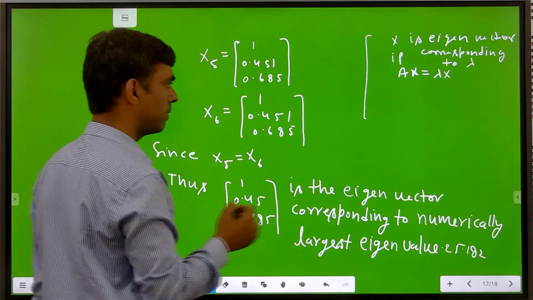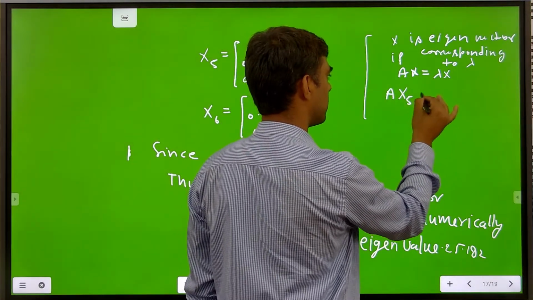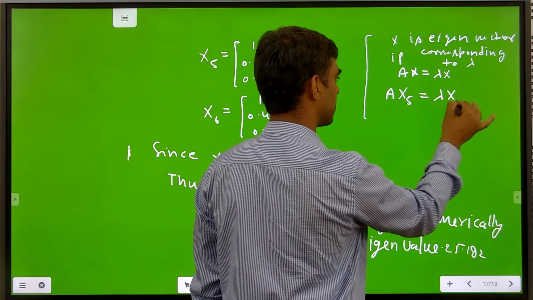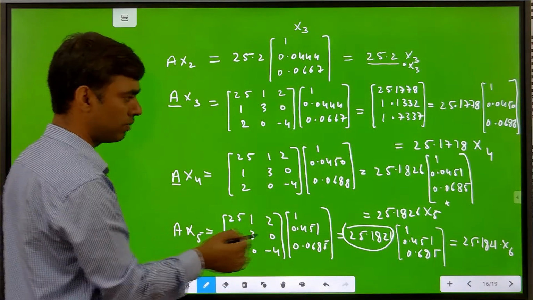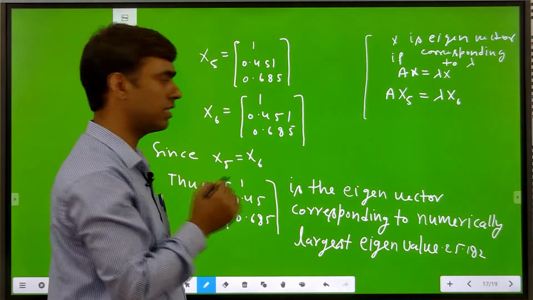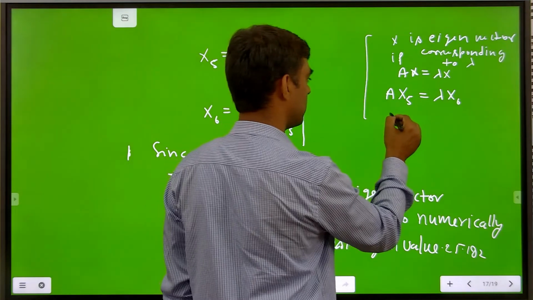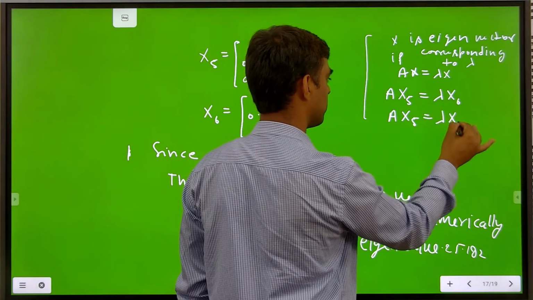Here, after the last iteration, Ax5 equals lambda x6. Now since x5 equals x6, we may write Ax5 equals lambda x5.